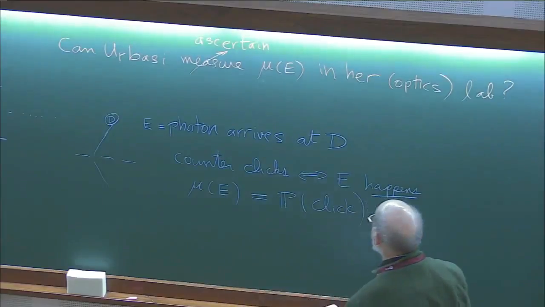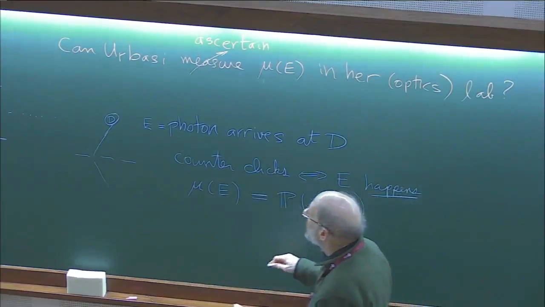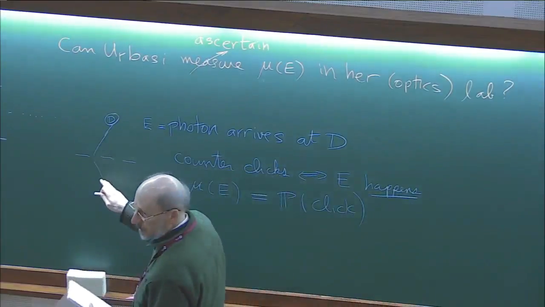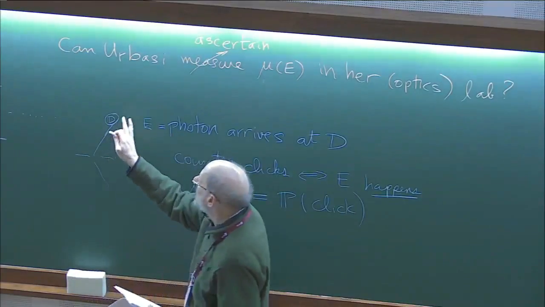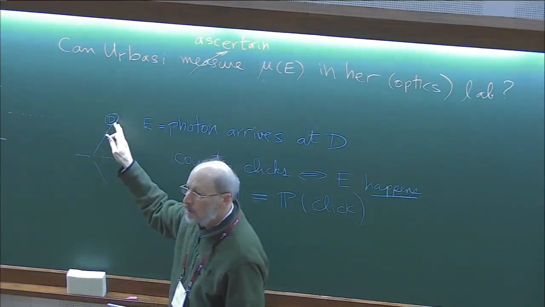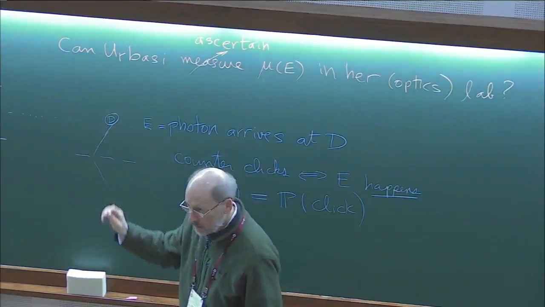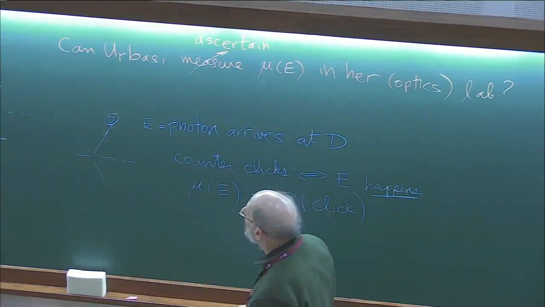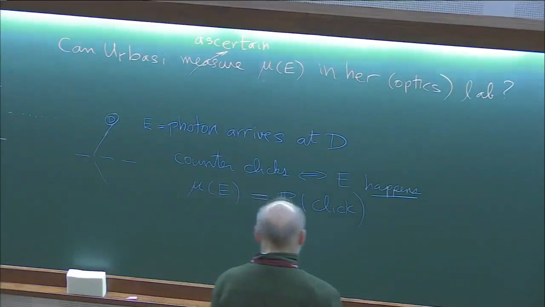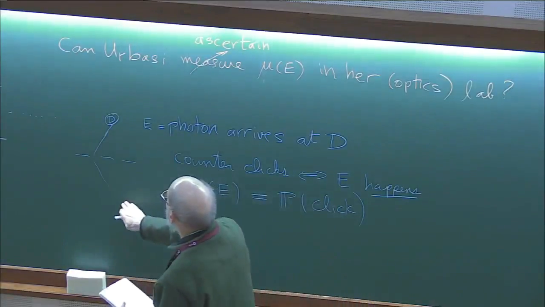So there's a direct relationship. If you want to know what fraction of the photons came here, assuming you have a very efficient counter, you just ask how many counts did I get here compared to not getting counts here, once I count the number of photons that are emitted.